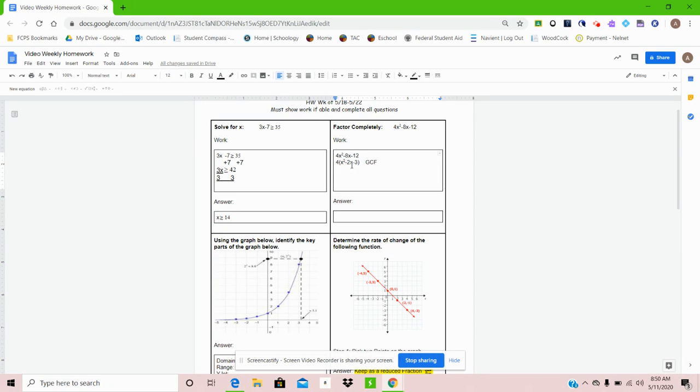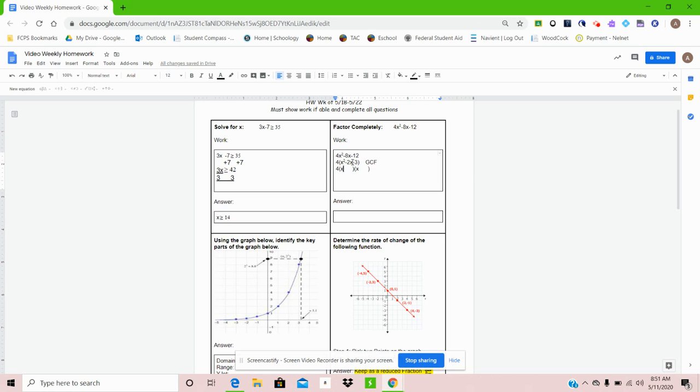In order to factor that, I'm going to go 4, and I know I'm going to have two parentheses. You can do your diamond method, you can do whatever method you prefer, but you're going to need to find two numbers that multiply to your C value and then add to your B value.